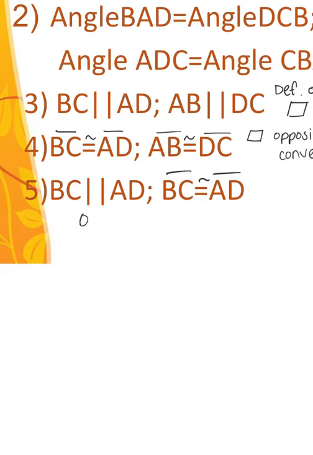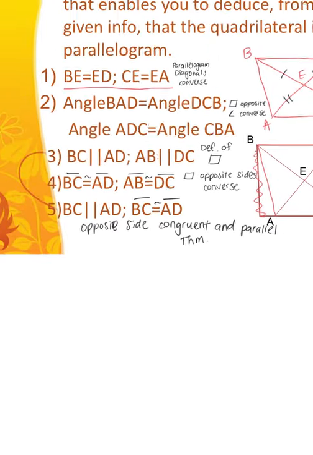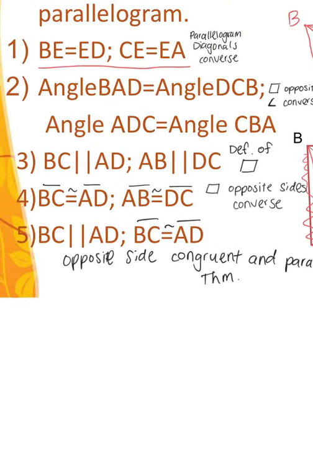It's just opposite sides congruent and parallel theorem. Okay? If you can prove that two of the sides are parallel and congruent, they have to be the same two sides, then you have a parallelogram.